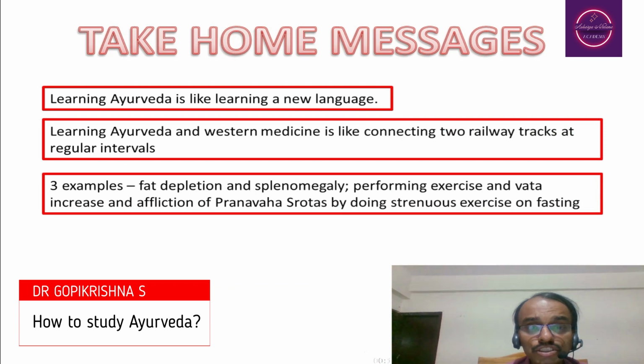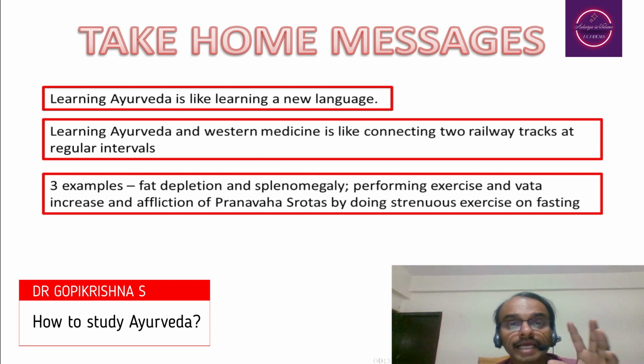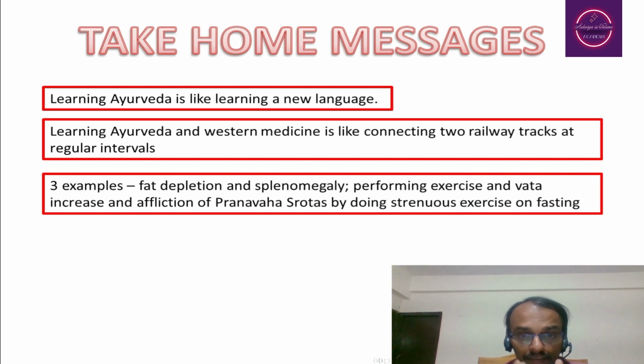So the take home message from today's session is that learning Ayurveda is like learning a new language. When you are learning a new language, first of all you have to start from scratch. One small word, then elaborate it with some known information, adding unknown information to the known information, so that it helps in developing that particular language.